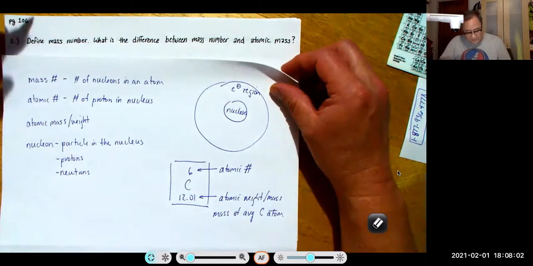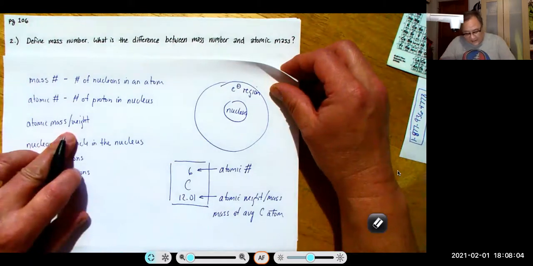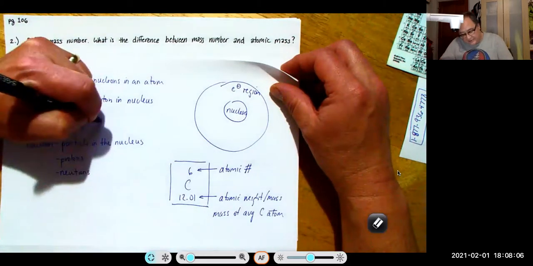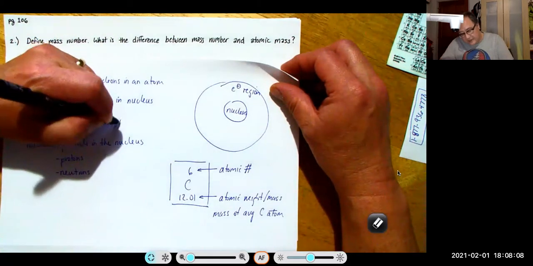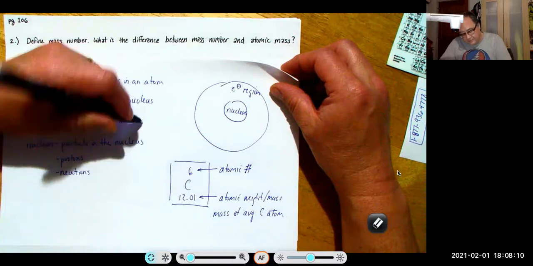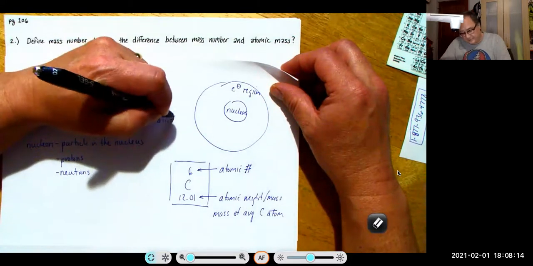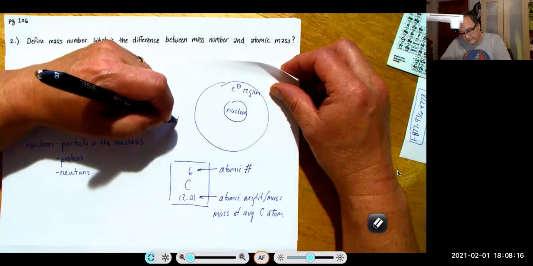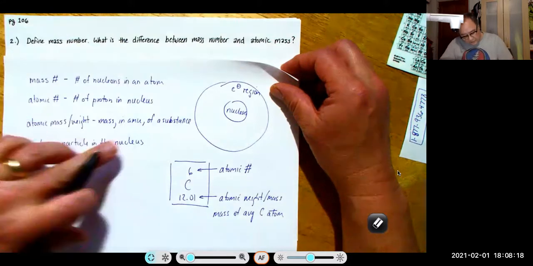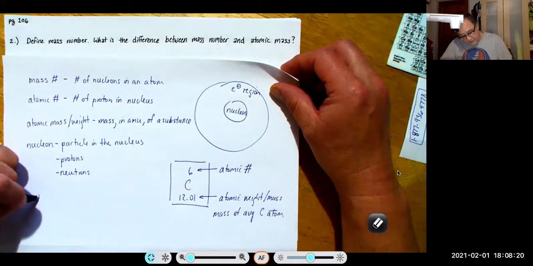Okay, so atomic mass weight is the mass in AMU of a substance. AMU stands for atomic mass unit.